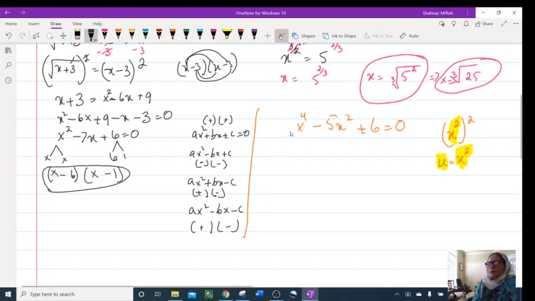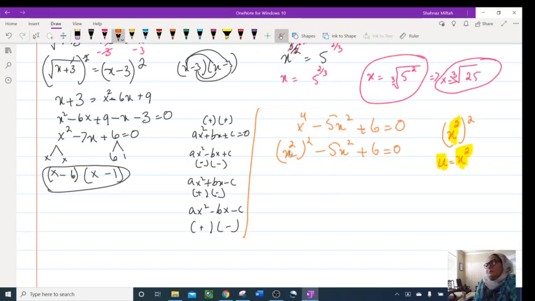Now, how do we change everything according to that u? Since I know that x squared is u, if I rewrite this, I'm going to say u squared, right? Or let's try one more thing. I'm going to rewrite my question like that: x squared, squared, minus 5x squared plus 6. Okay, now it will make sense.